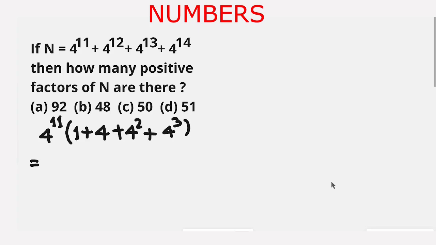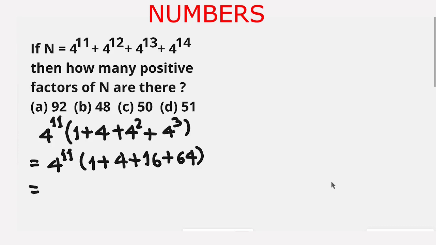This is equal to 4 to the power 11 multiplied by, within brackets, 1 plus 4 plus 4 to the power 2, which is 16, plus 4 to the power 3, which is 64. We add all these numbers: 1 plus 4 is 5, plus 16 is 21, plus 64 is 85.